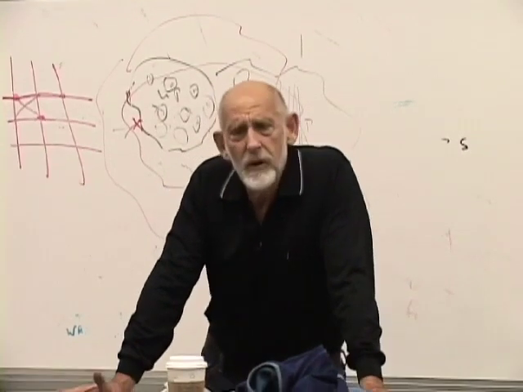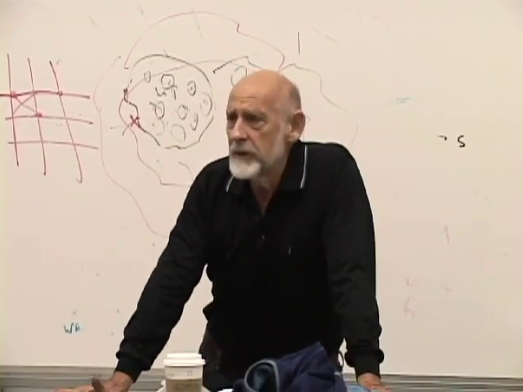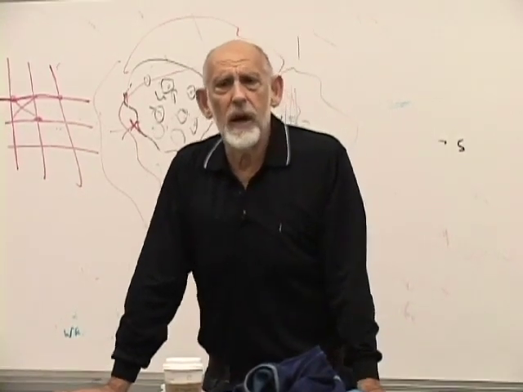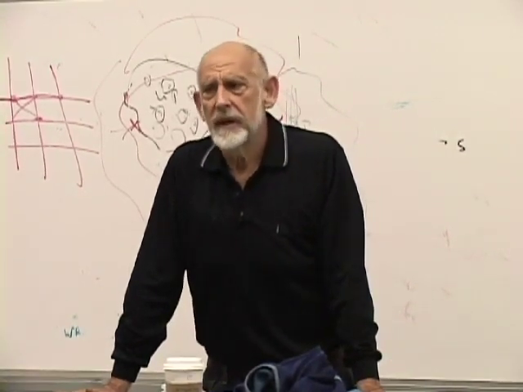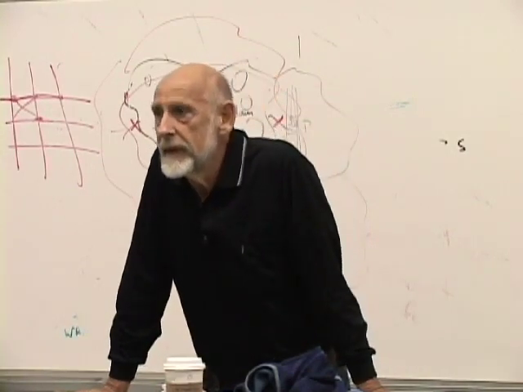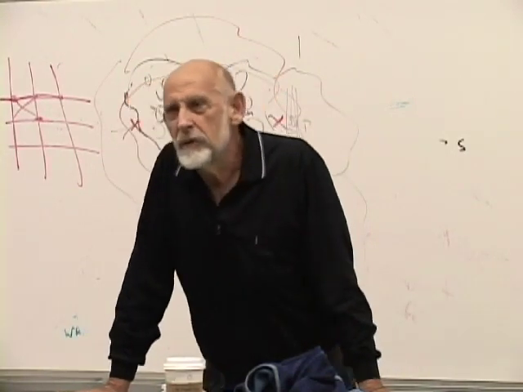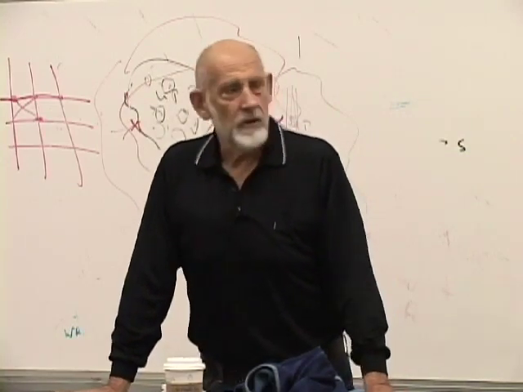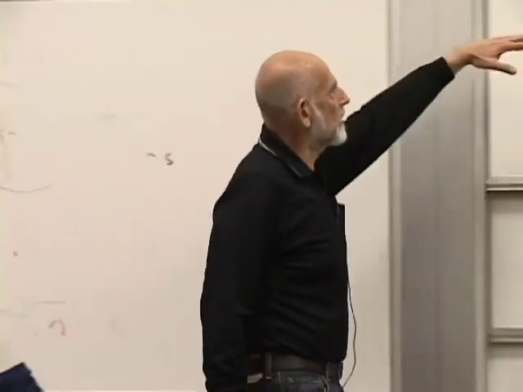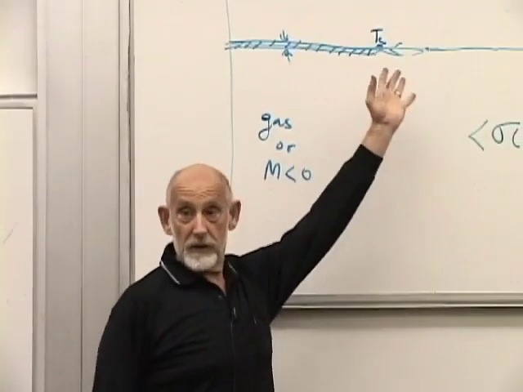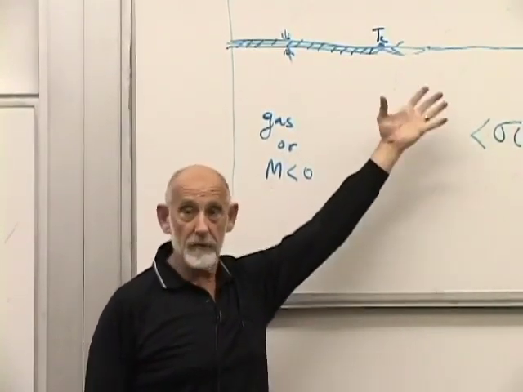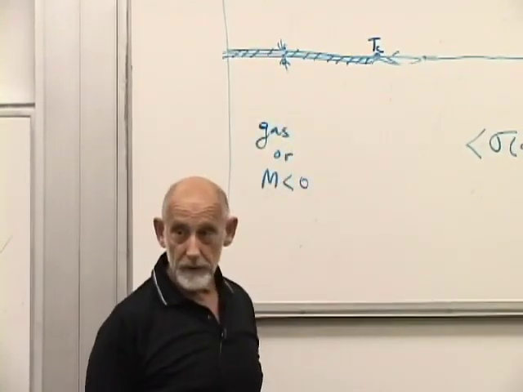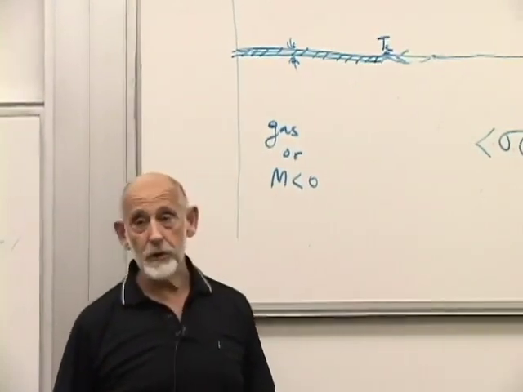The critical point, anybody know what the critical temperature of water is? I don't remember exactly, but it's way, way above boiling. It's about 306 or something. 360 degrees, something like that? So yeah, 306 degrees. So this temperature here is at 306 degrees and some pressure, or some density and some temperature.